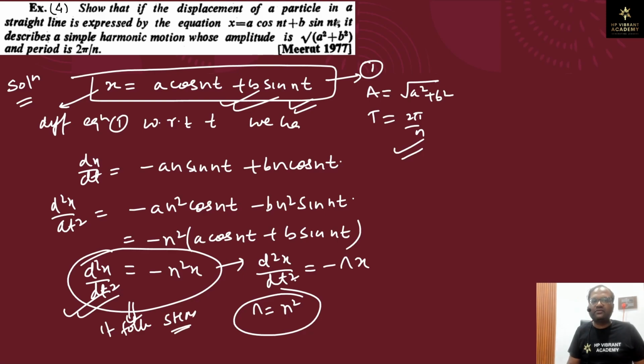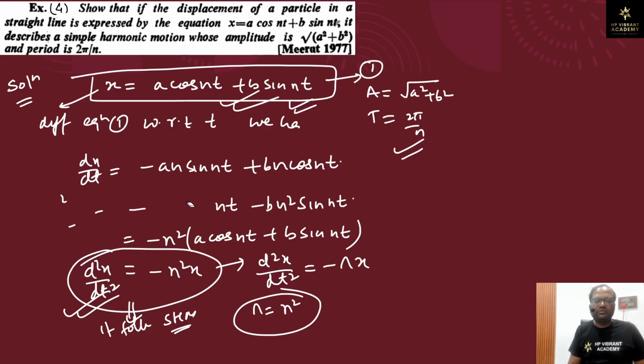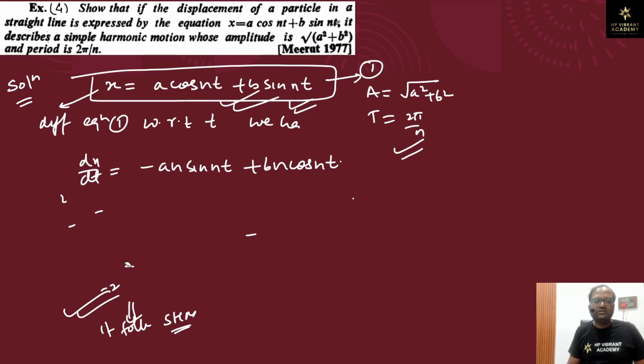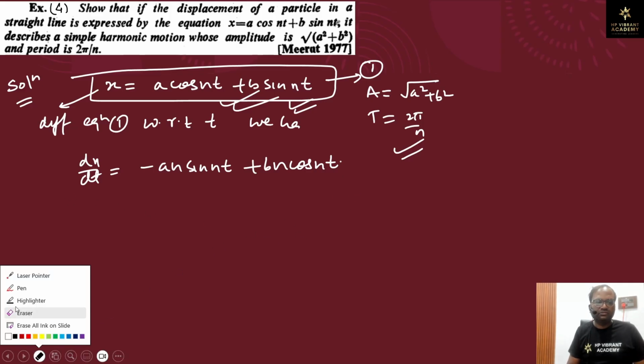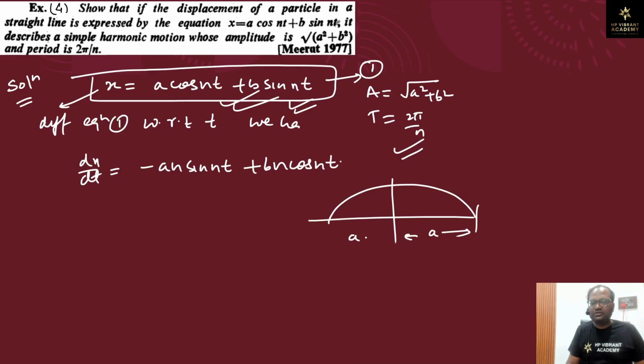Now we have to find the amplitude. Amplitude is the distance from the center of force. Amplitude is a point where the velocity is zero. So at A we have the amplitude, and at the amplitude the velocity is equal to 0.